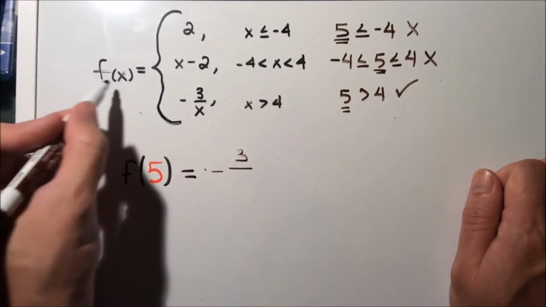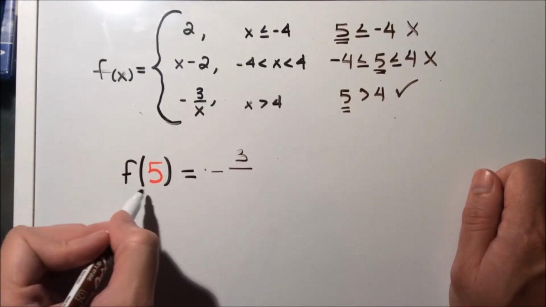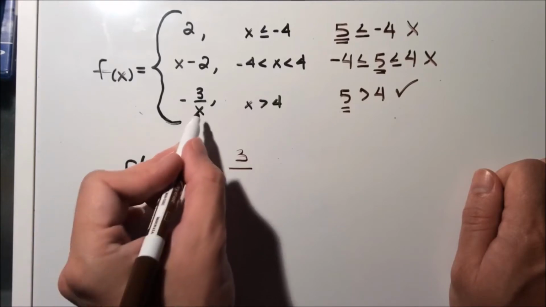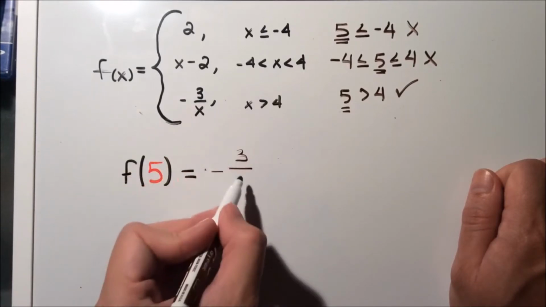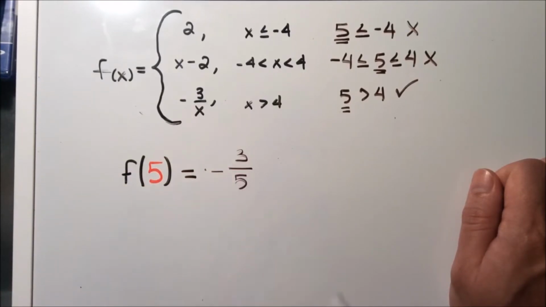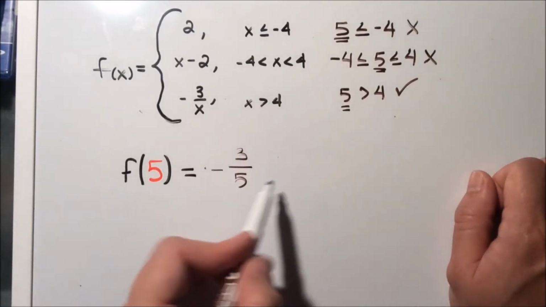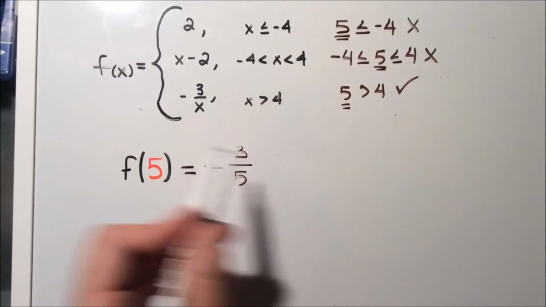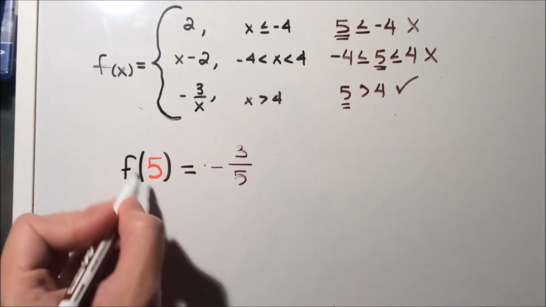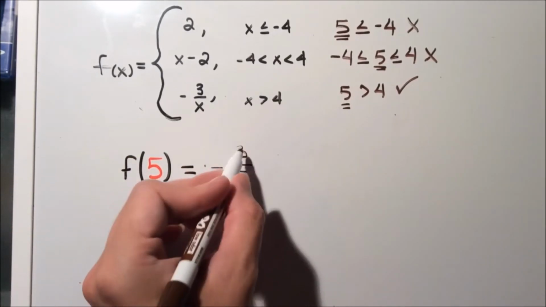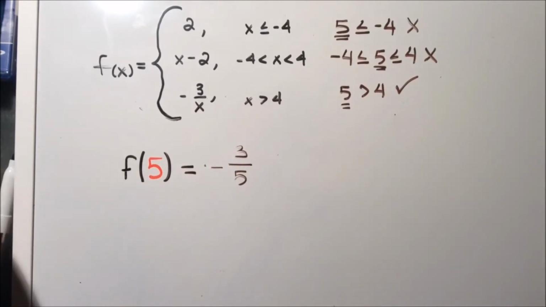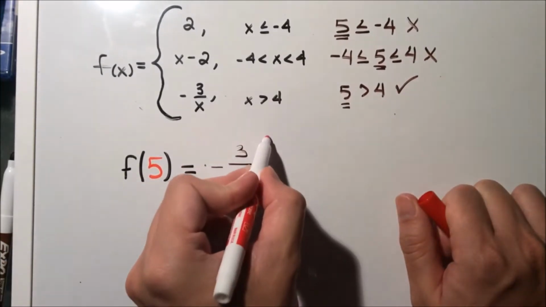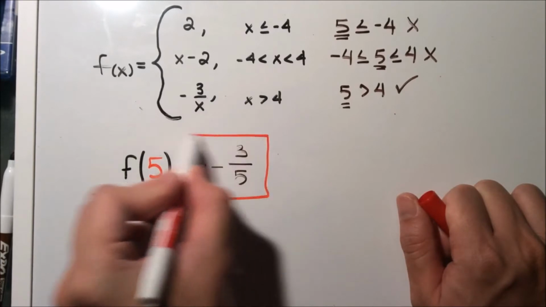Now all we're doing is changing the x to 5 because it's asking us to find f of 5. So this x will become 5. Since there are no more variables and no more numbers to add, subtract, multiply, or divide, we're pretty much finished. So f of 5 equals negative 3 over 5, and that will be our final answer.